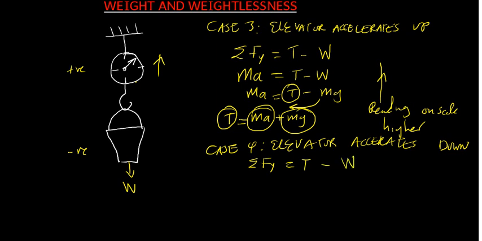But net force, according to Newton's second law, is found by mass times acceleration. So this will be mass, but the acceleration in this case is negative. And that will be equal to tension minus weight, where weight is given by mass times gravity. Okay, in that manner.